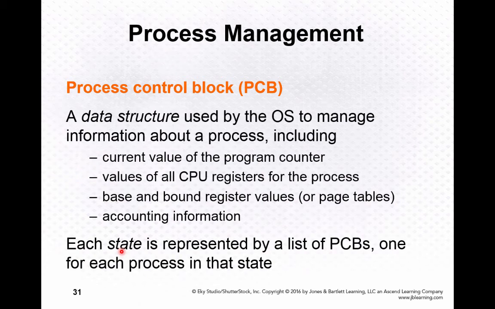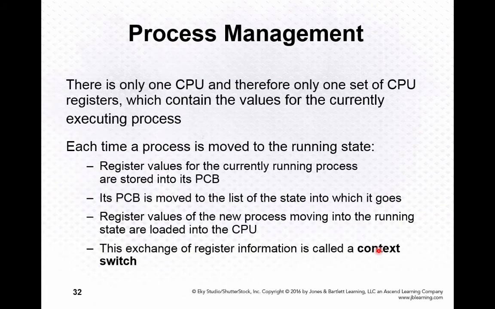So in each state, there's some sort of a list of process control blocks representing the processes that are living in that state. I mean, where those states would be ready, or waiting, or running, right? So in this world we're living in, assume that there's only one CPU, and therefore only one set of CPU registers that contain the values for the currently executing process. I don't know that that's very typical anymore, but yeah, we're going to pretend there's only one CPU.